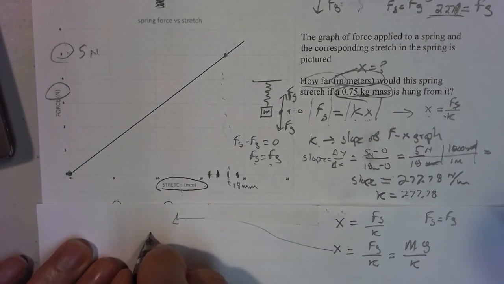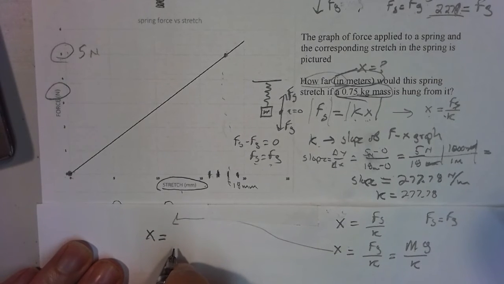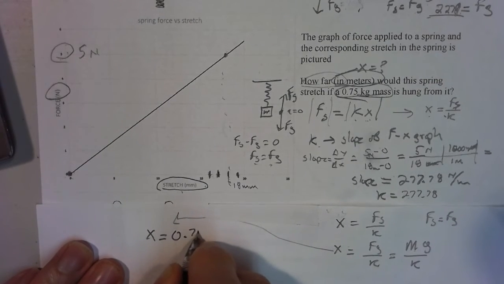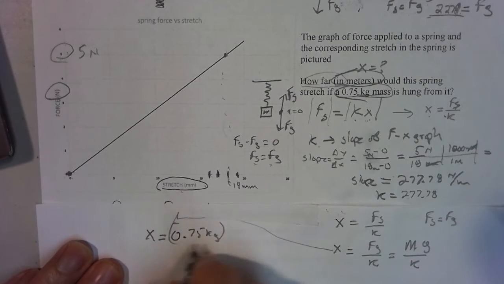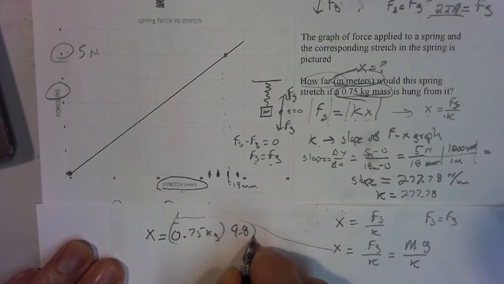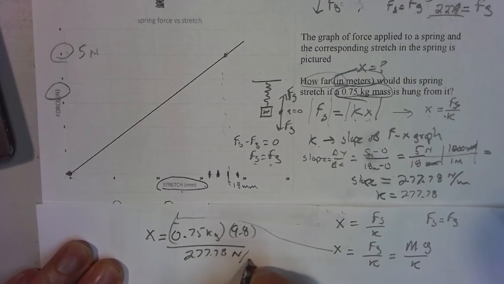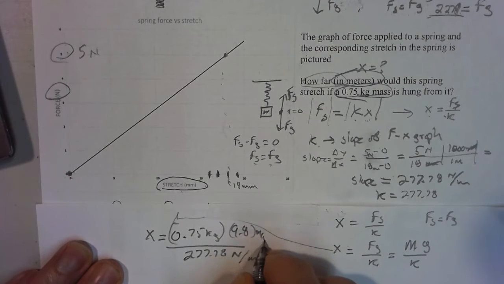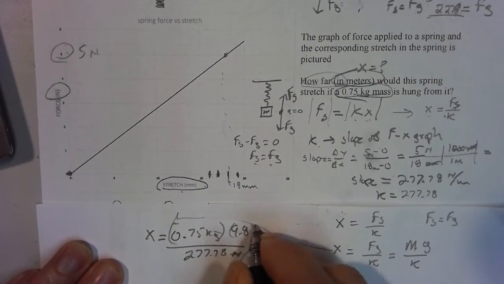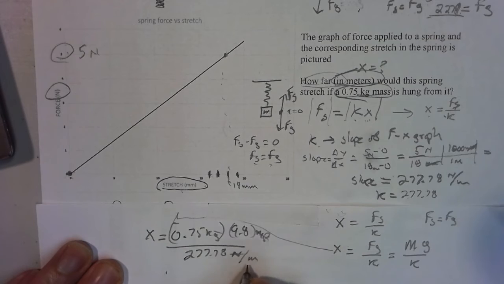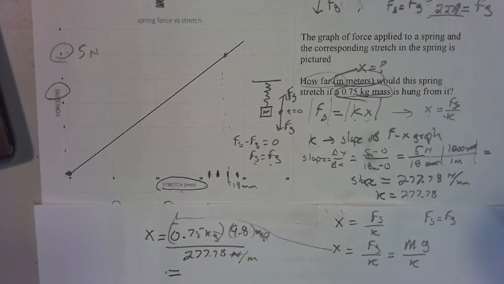So our X is going to be equal to m, which is 0.75 kilograms, times g, which is 9.8 meters per second squared, divided by K, which I got to be 277.78 newtons per meter. So kilograms times meters per second squared, that's a newton. The meters go on top. I'm all good. So I plug that all in my calculator.